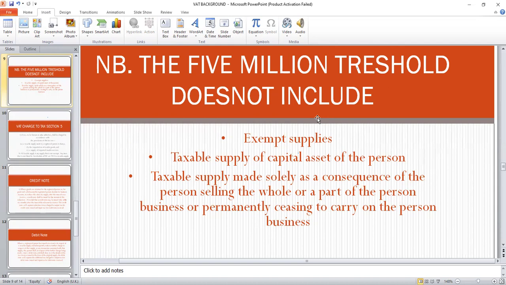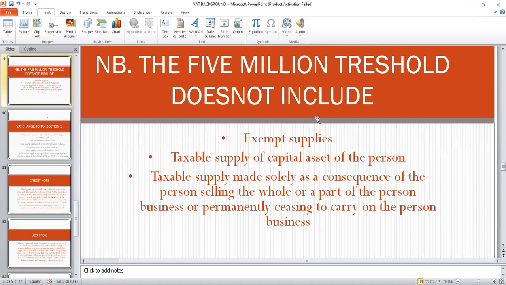Number B is the taxable supply of a capital asset of the person. If you are trading with a capital asset, then the sale of the capital assets will not be included in the threshold for the 5 million. The last one is about taxable supply made solely as a consequence of the person selling the whole or part of the person's business or permanently ceasing to carry on the person's business.